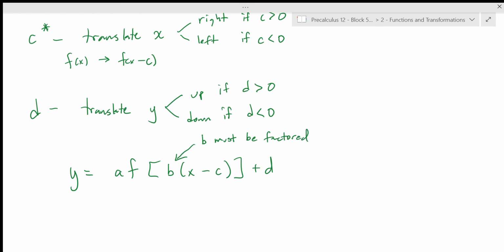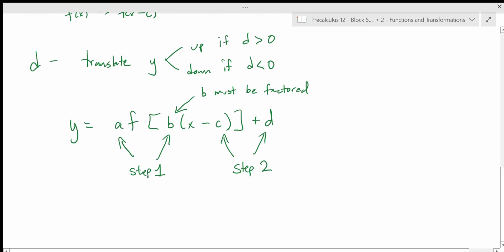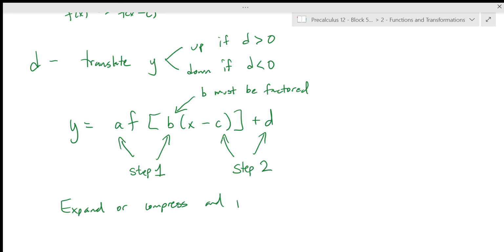We always deal with our reflections and our expansions or compressions first. And then we deal with our translations. So expand or compress and reflect before translating.